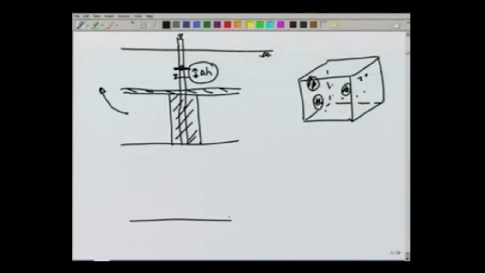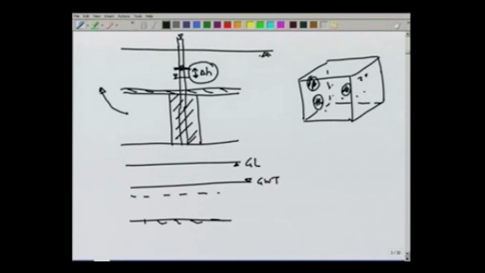Now, let us look at the mechanism of how this water is coming out. For unconfined aquifer, it is quite straightforward. This is the groundwater table, bedrock. Now, if we lower the groundwater table by some amount delta H, water will come out because of drainage of this volume.